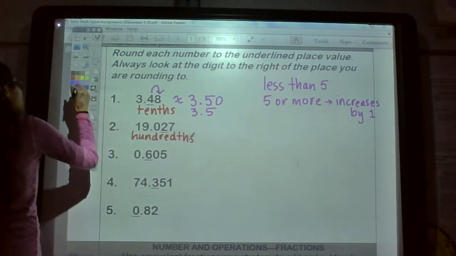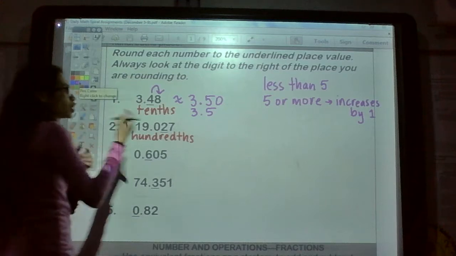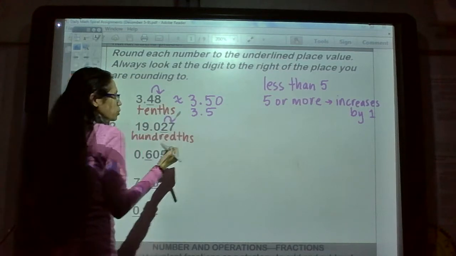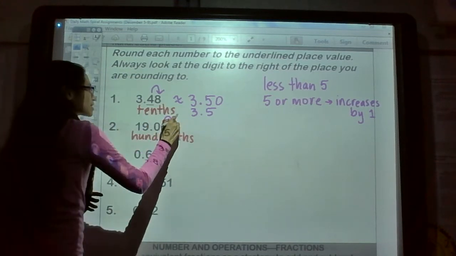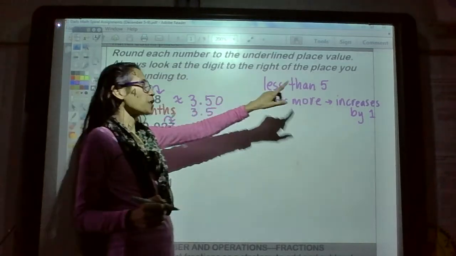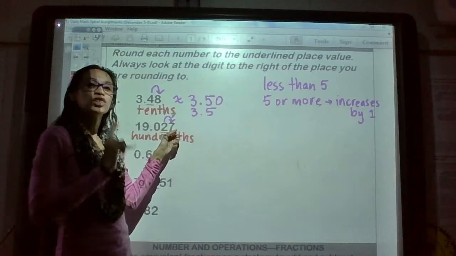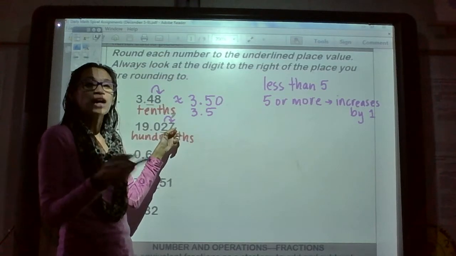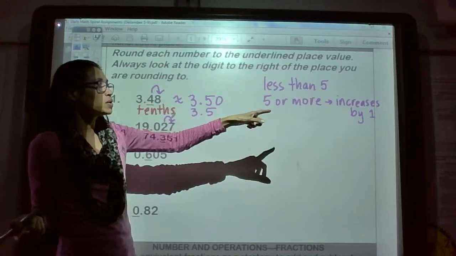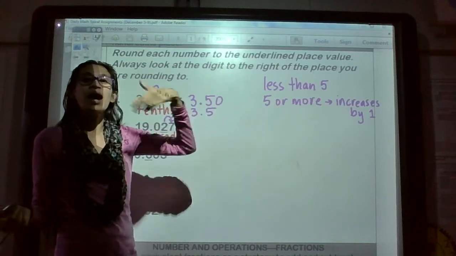So we're rounding that, and we always look to the right. Hello, number 7. Look at that 7. Is it less than 5 or 5 or more? Not the 2, the 7, the one beside it. It's 5 or more. And what's the rule? That means it increases by 1.